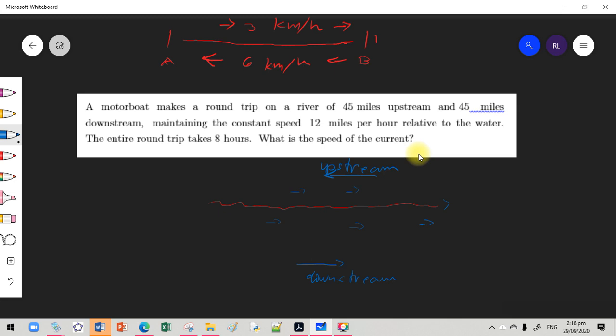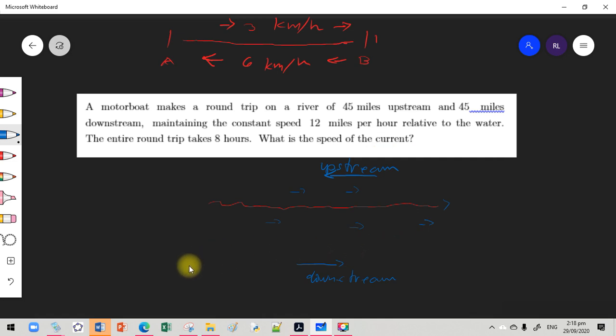So accordingly, when you go downstream, meaning you go along with the current, of course you have your original speed, let's say of a motorboat. The current of the water has a speed, and the speed of this current will be added to your speed.